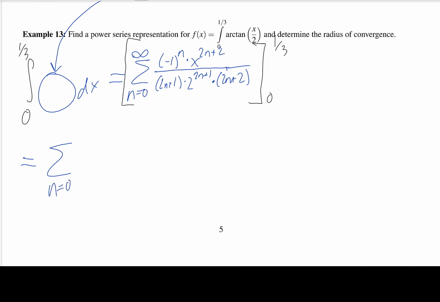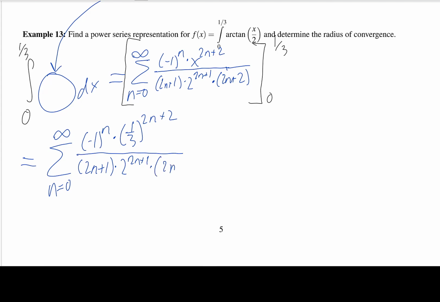So this is n equals 0 to infinity of negative 1 to the n times, remember x is now 1/3, so this will be 1/3 to the 2n plus 2 over 2n plus 1 times 2 to the 2n plus 1 times 2n plus 2.